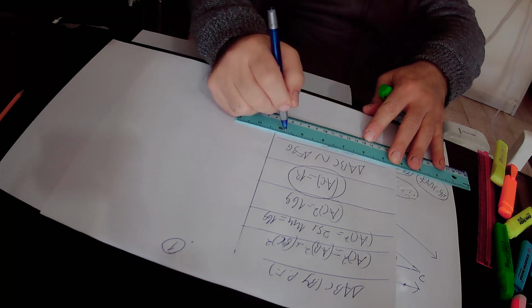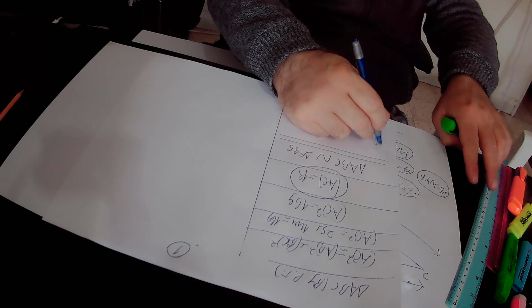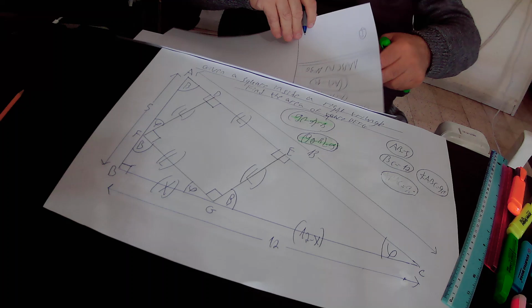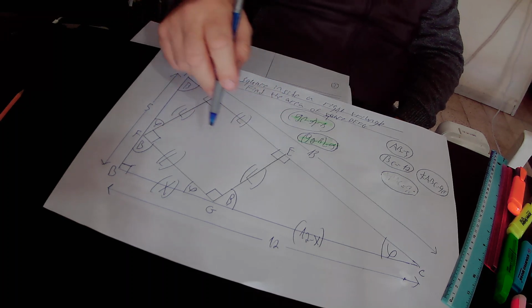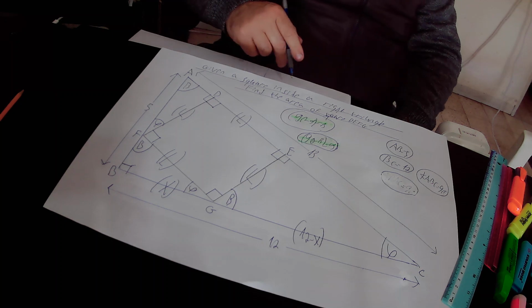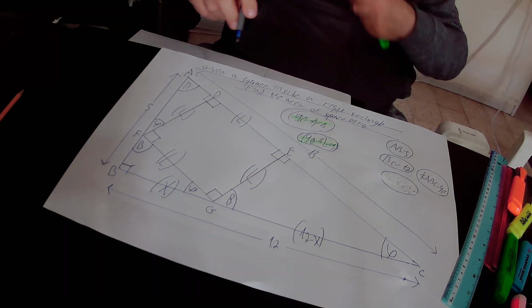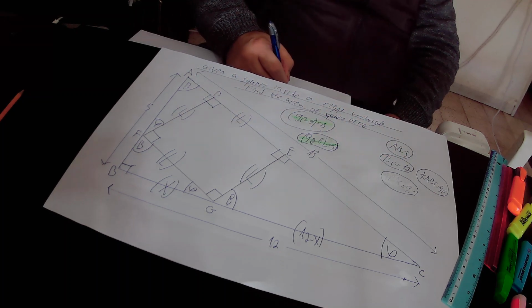And from the fact that the two right triangles are similar, we derive the following relationship between their sides: BG over FG in the small right triangle FBG is equal to BC over AC in the big right triangle ABC.